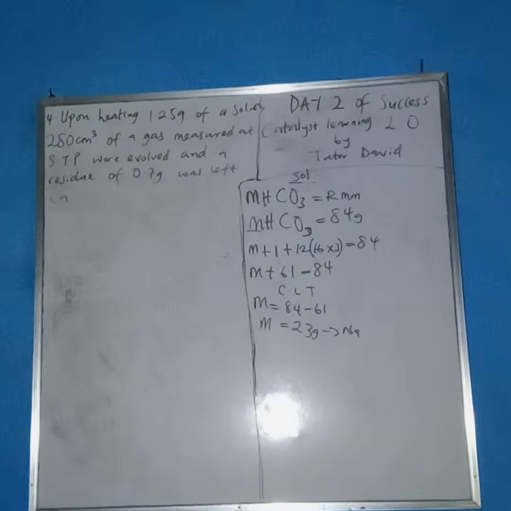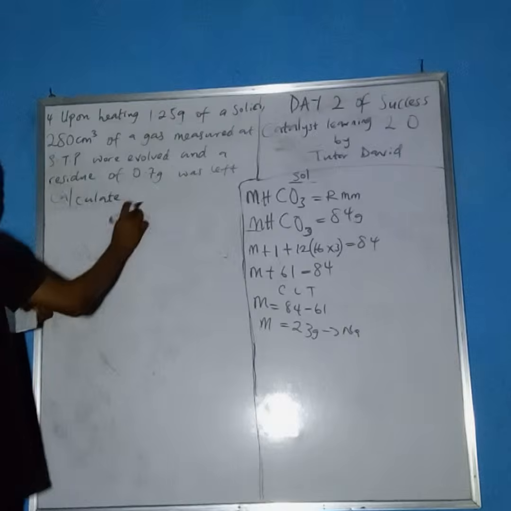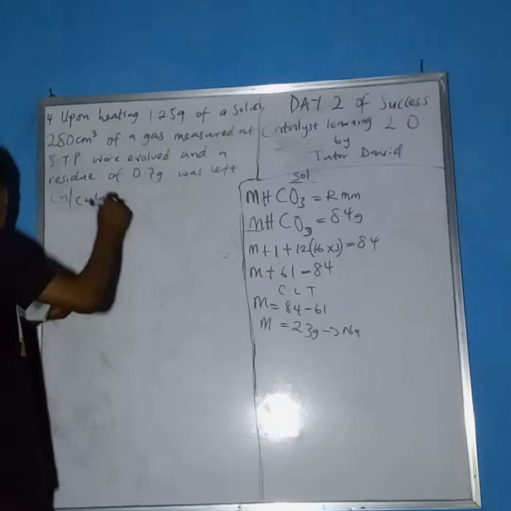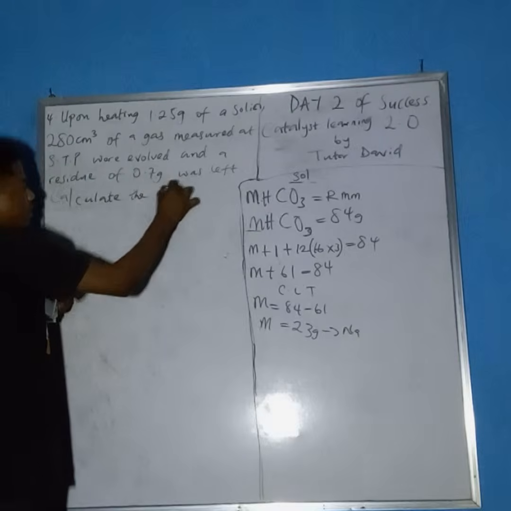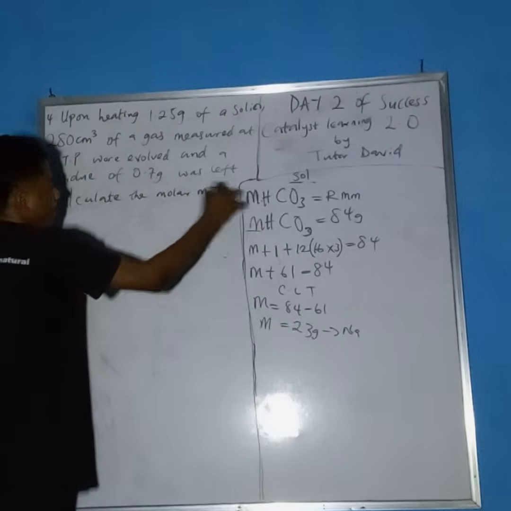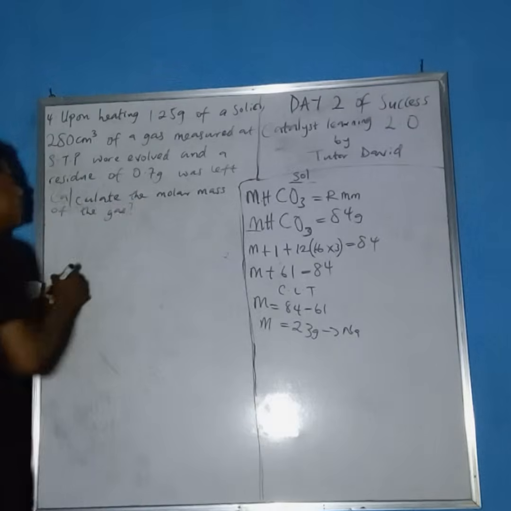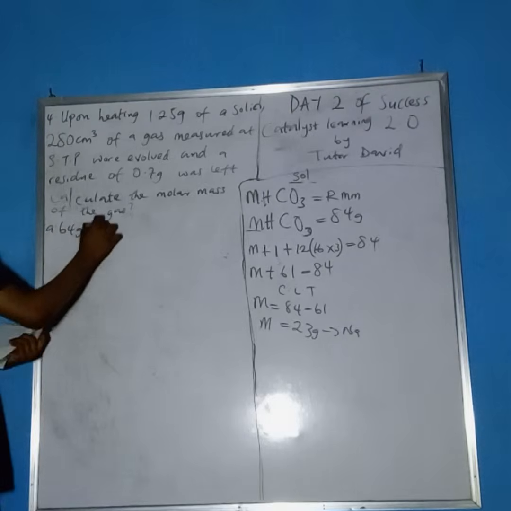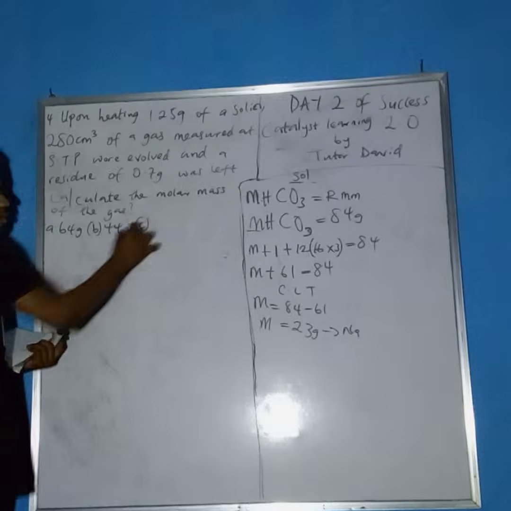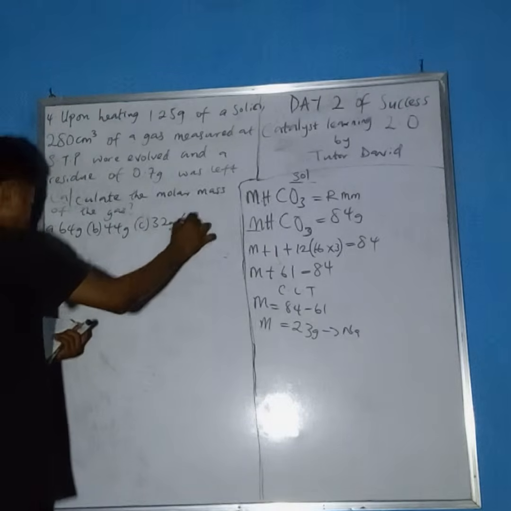Calculate the molar mass of the gas. The options given here are: option A, 64 grams; option B, 44 grams; option C, 32 grams; and option D, 16 grams.